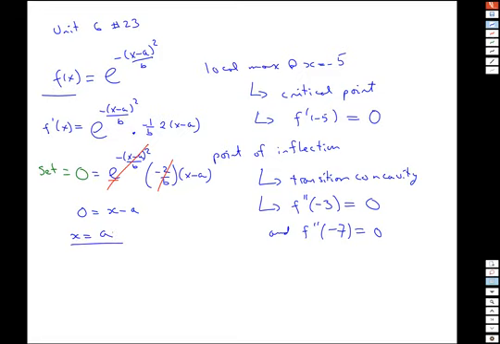But wait a minute, we actually knew what the x value was. We had the critical point at x equals -5, so we only have a critical point at -5, so we get our a equals -5.